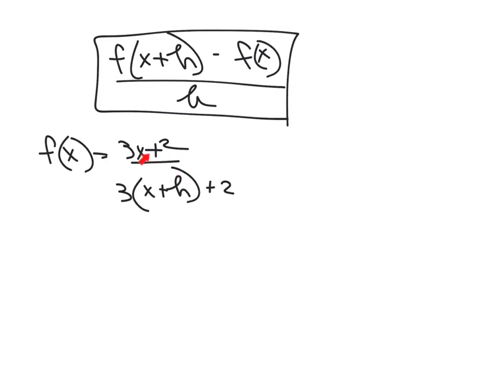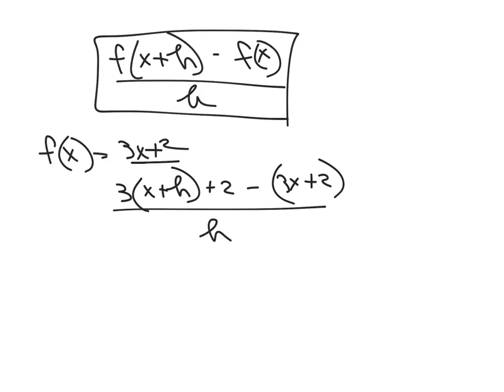We've got 3x plus 2 here, and this says wherever you see an x, we're going to replace it with x plus h. So that's all I did. Minus f of x. Well, what is f of x? f of x is 3x plus 2. Don't forget your parentheses. Over h.